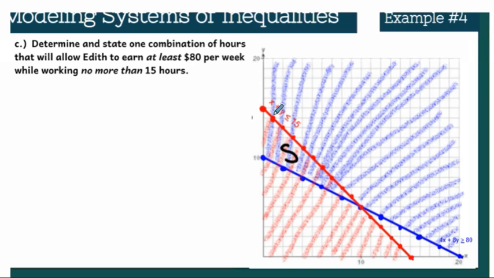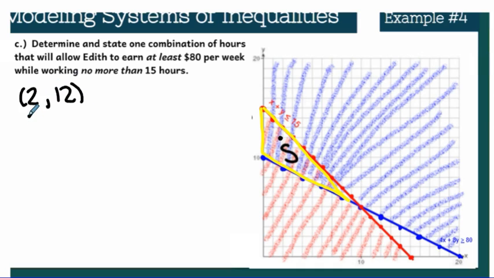Our solution set consists of all the points within this area of the graph. So for example, the point 2, 12 is in our solution set.